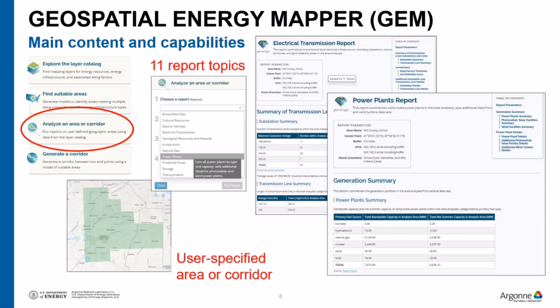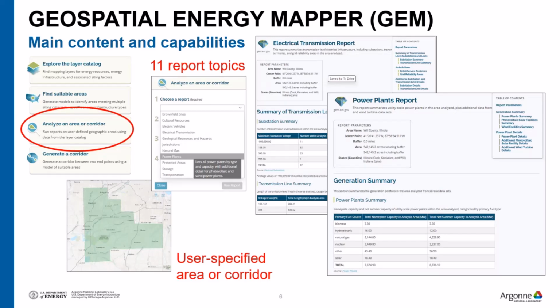For the report topics, I think 11 is out of date, I need to update that. We've added several reports very recently. The idea here is kind of the opposite of the modeling, where the modeling helps you find or prospect for areas that fit a certain set of criteria.